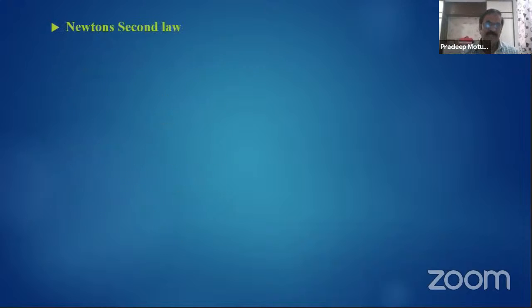Now I'll explain Newton's second law. I already explained the first law, and the concept of inertia and the types of inertia also. And now I'm going to explain Newton's second law.